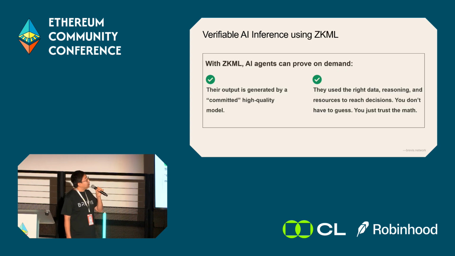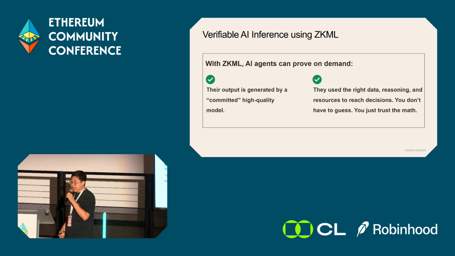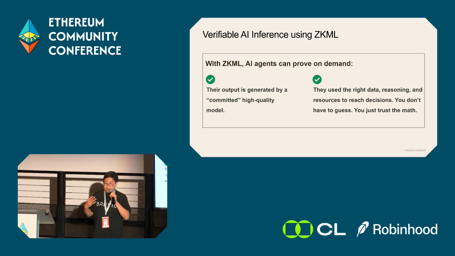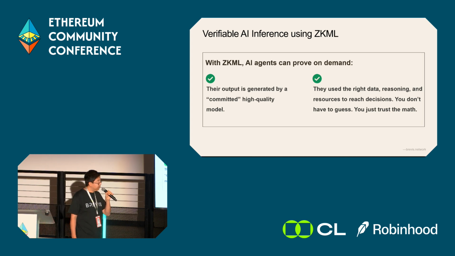Well, with something called zkML, it's also powered by Brevis, you can actually do this by generating proofs to say that, okay, I'm getting this result not from a crappy model, but from a model that is pre-committed and matches a certain qualification benchmark test.